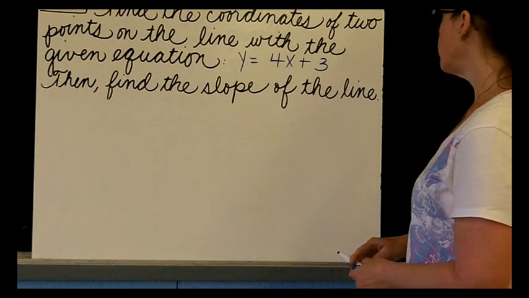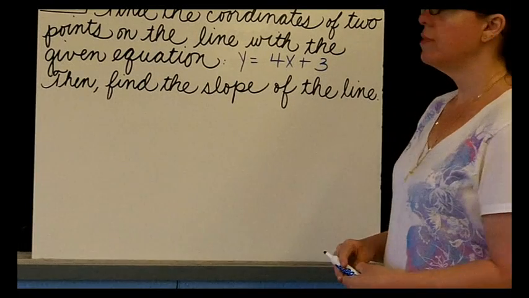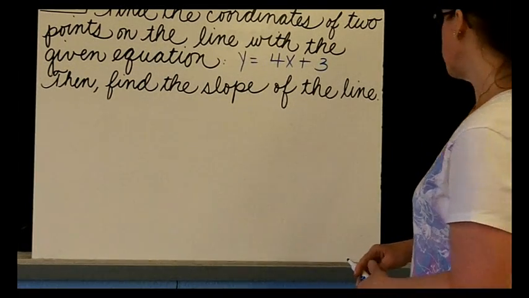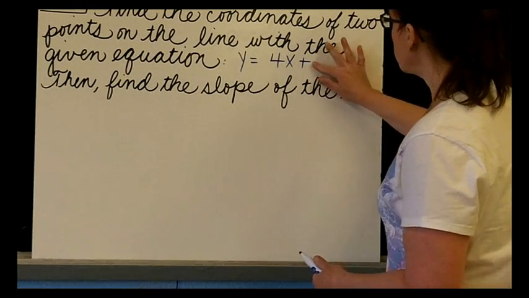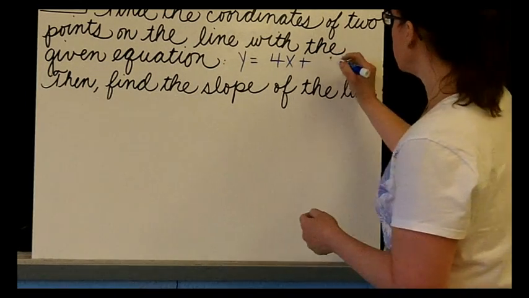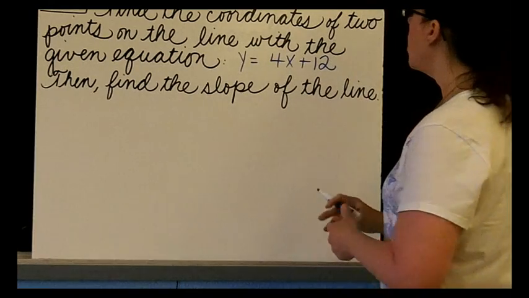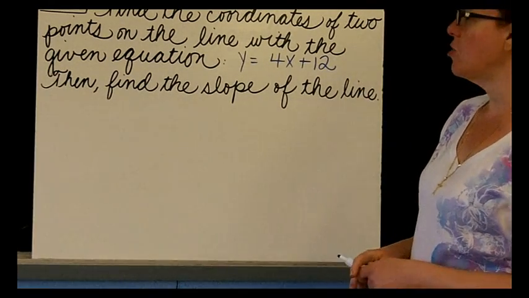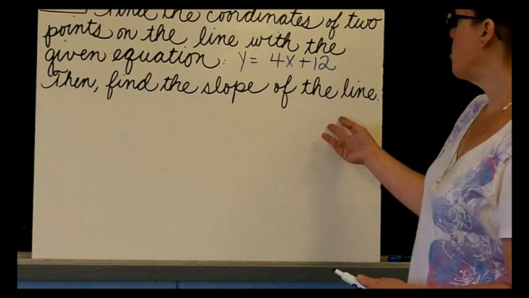And then find the slope of the line. This sounds pretty complicated. What I'm going to do, just to make it a little bit easier, is to change this to y equals 4x plus 12. And you'll understand why I did that in just a minute. Find the slope of the line.